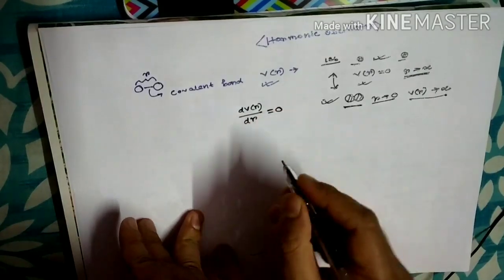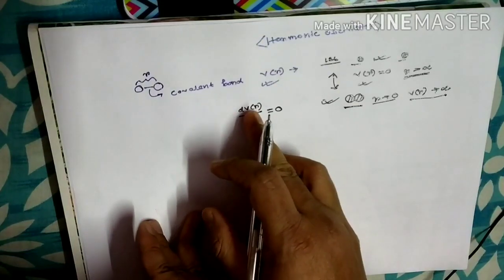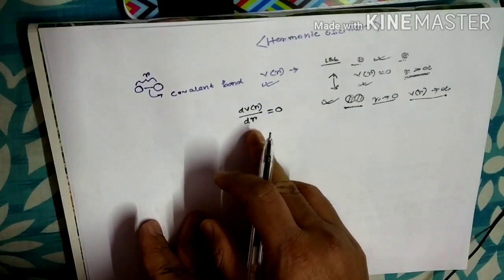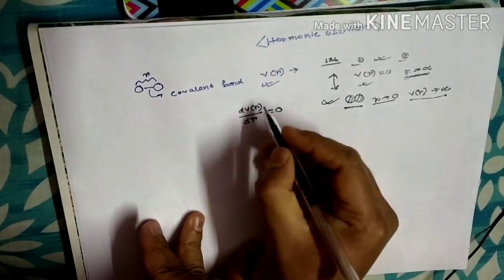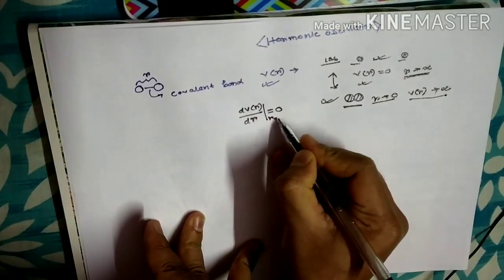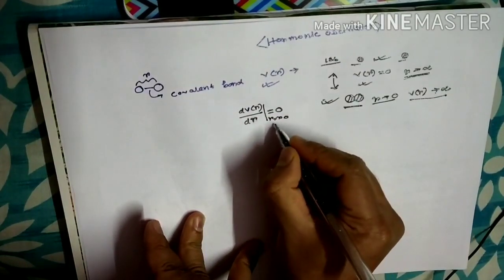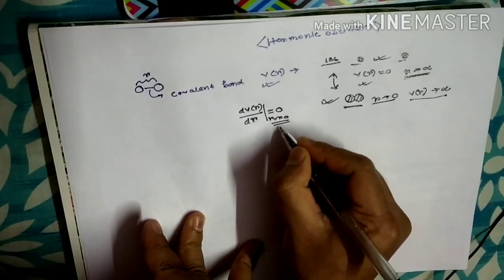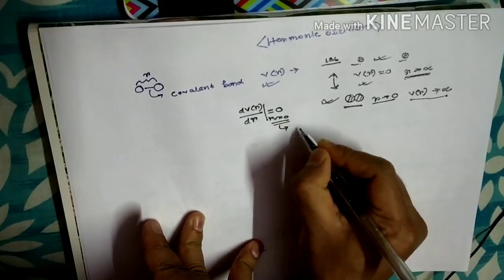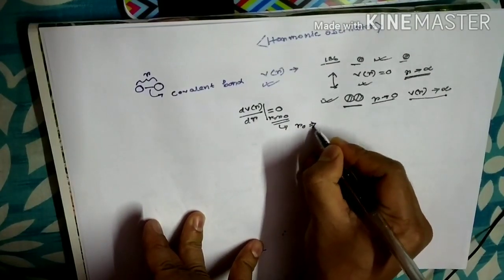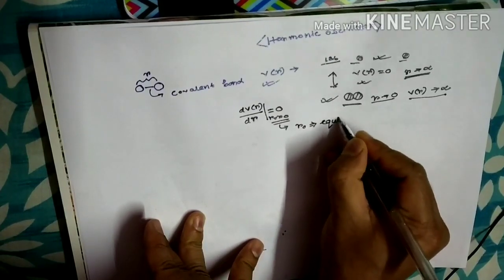So if we take the first derivative of this potential energy with respect to r at that local minimum, we will obtain 0. The value r0 at which this happens is called the equilibrium bond distance.